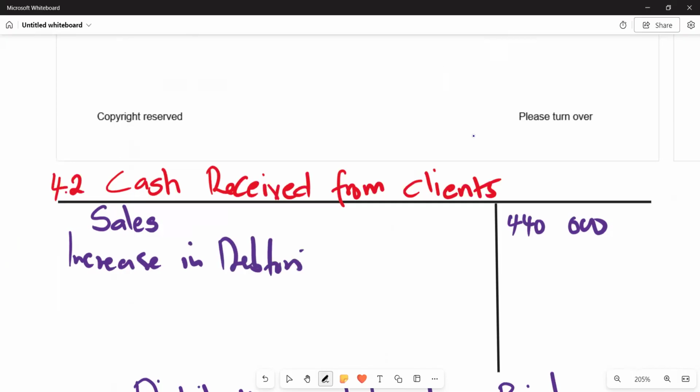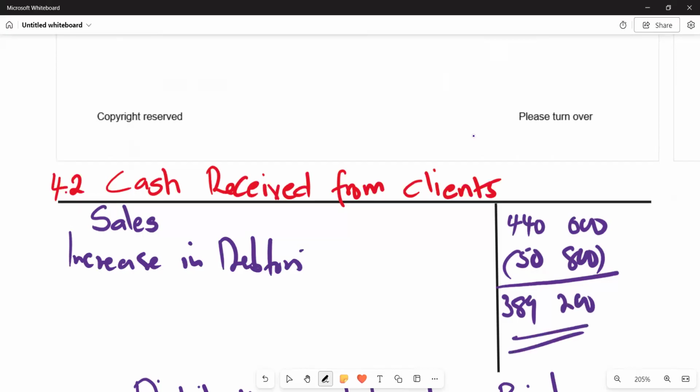Then we are saying the figure that we got there is 50,800, and we are saying it's a negative figure. And then we try to calculate the figure that we are going to find. We say 440,000 minus 50,800, it becomes 389,200. So this is a positive figure.